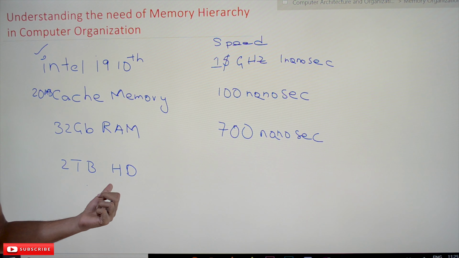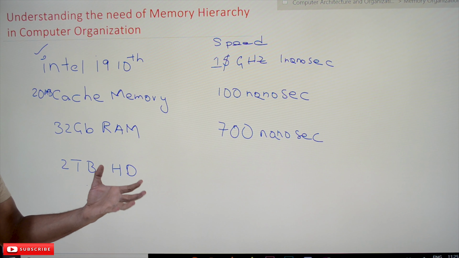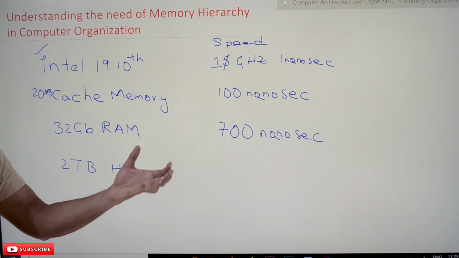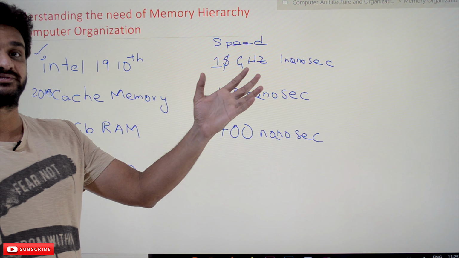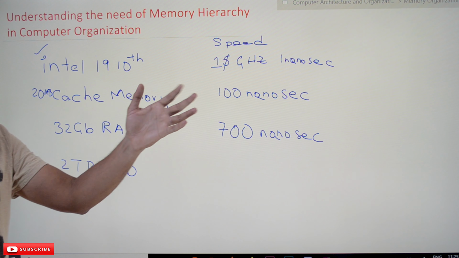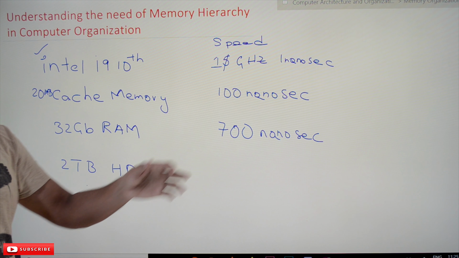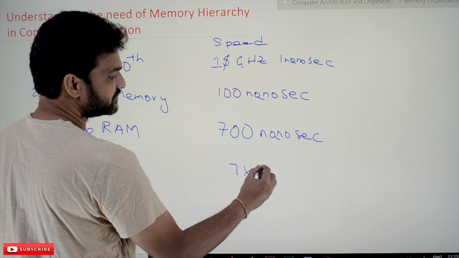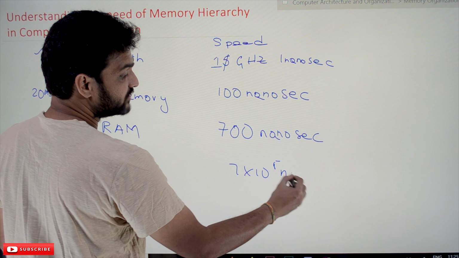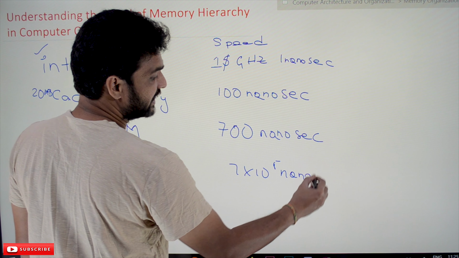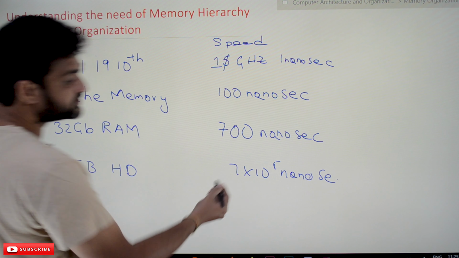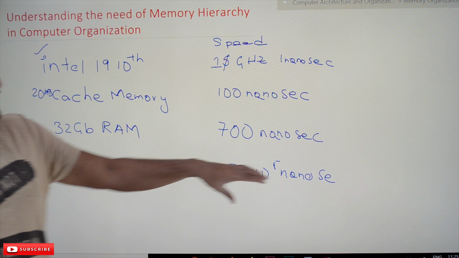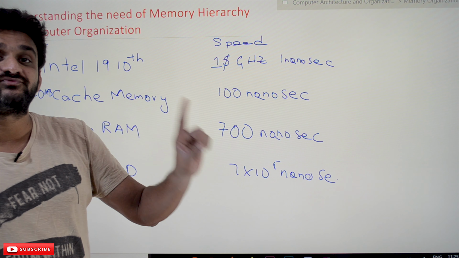Similarly, if you take the hard disk to do the same job, it is going to take 1000 times more nanoseconds, more cycles. So let's assume that it is 7 into 10 power 5 nanoseconds. To get a value from the hard disk, it is going to take these many nanoseconds.